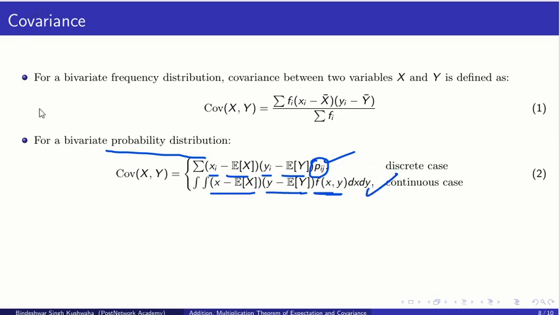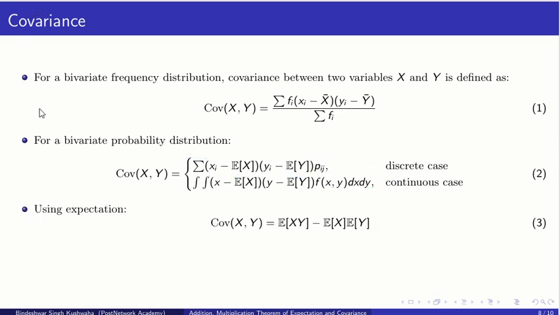So for two random variables, this was the covariance, and in the form of expectation you can write it like this.